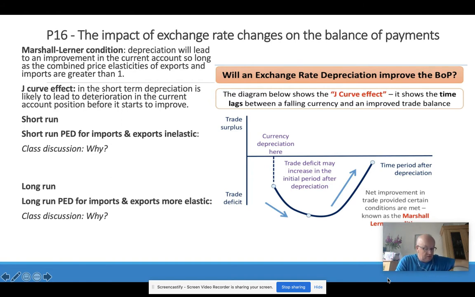The booklet page numbers are a little bit awry given what the numbers are on the PowerPoints, but we're starting from the page which has the heading, the impact of exchange rate changes on the balance of payments. Okay, so in this instance, the first thing we're going to look at is the impact of a depreciation in the exchange rate.